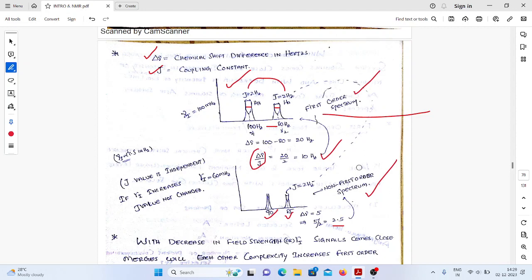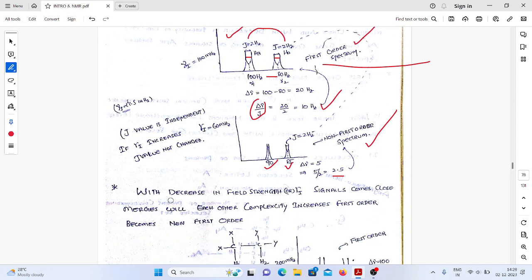So in this way you need to remember. With increasing field strength, the signals come close, merge with each other, complexity increases, and first order becomes non-first order spectra. So what we are observing, already we know that precessional frequencies are directly proportional to the chemical shift, right? This in turn is proportional to the strength of the external magnetic field.